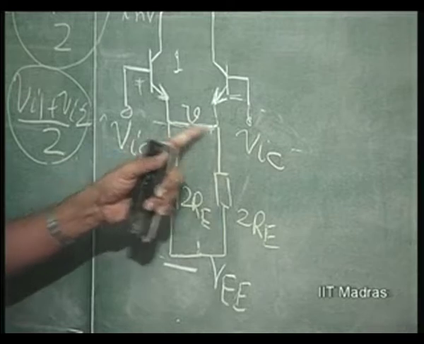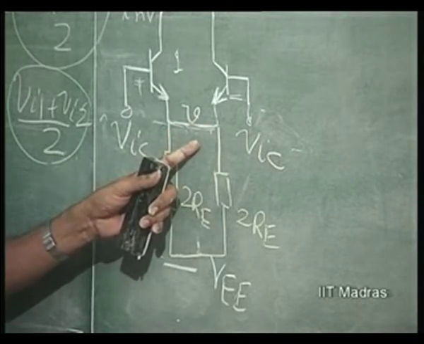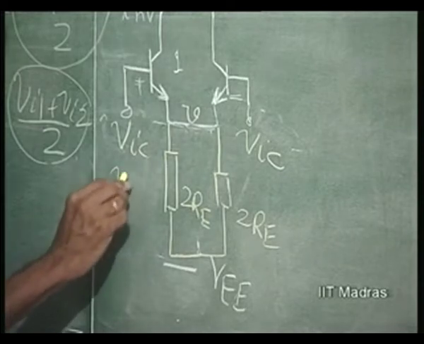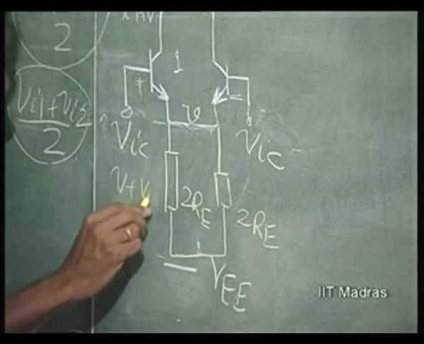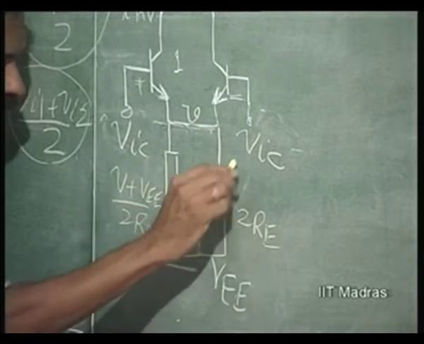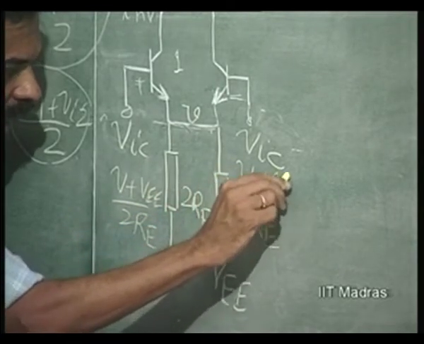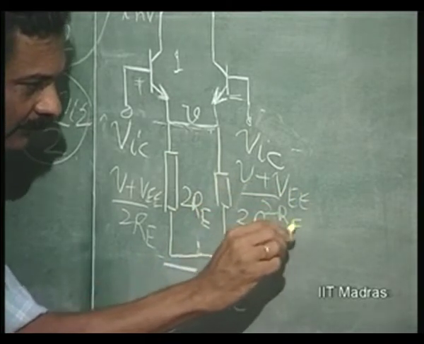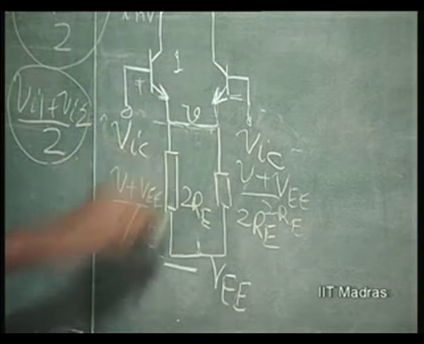What can I do with this short here? This is V plus VEE divided by 2 RE. This also is V plus VEE by 2 RE. Okay. These currents are the same.